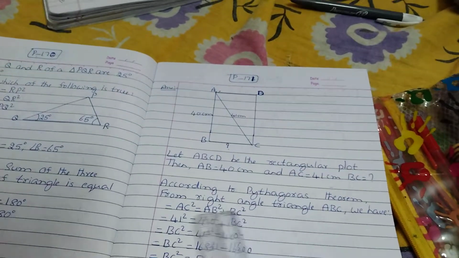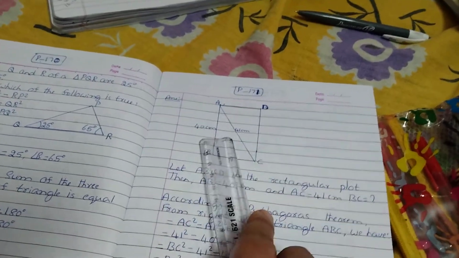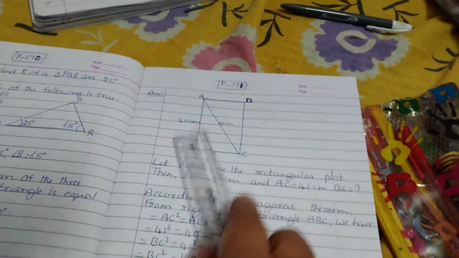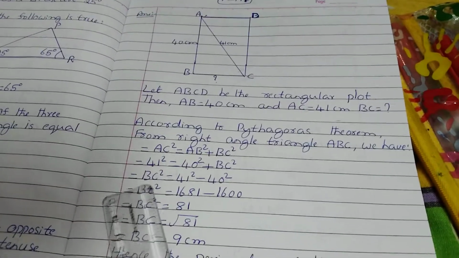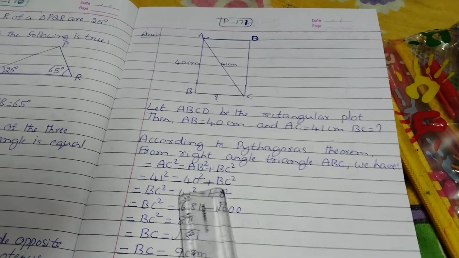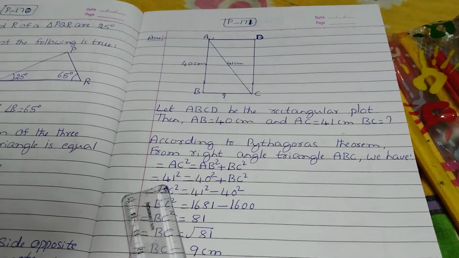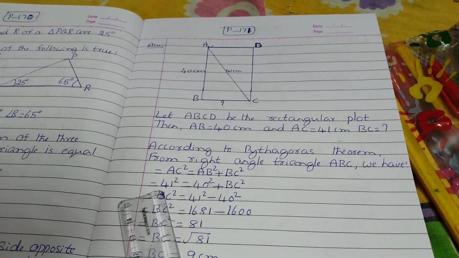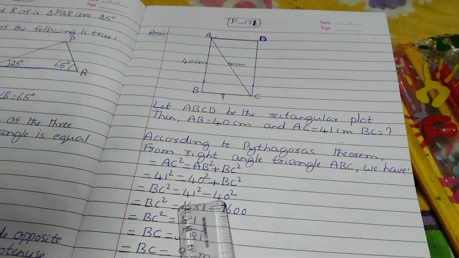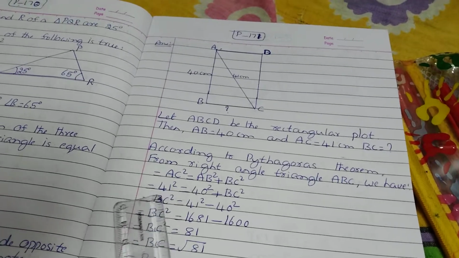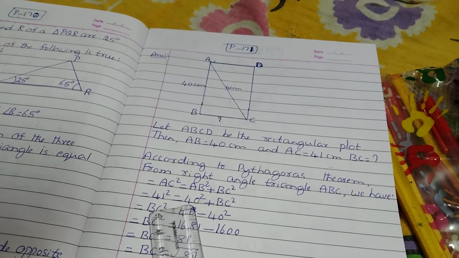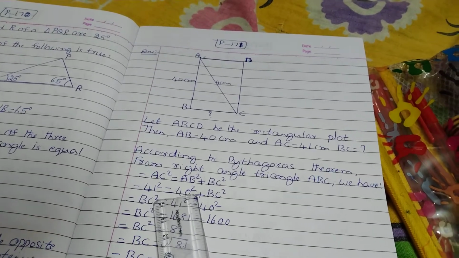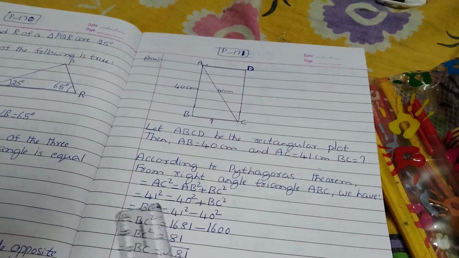According to the measurement given, AC is 41, so 41 square is equal to AB 40 square plus BC square, which we have to find. So BC square is equal to 41 square minus 40 square, transposing 40 square from RHS to LHS.